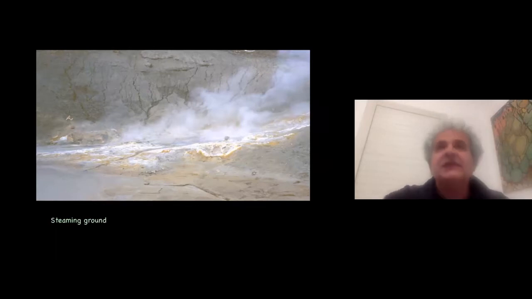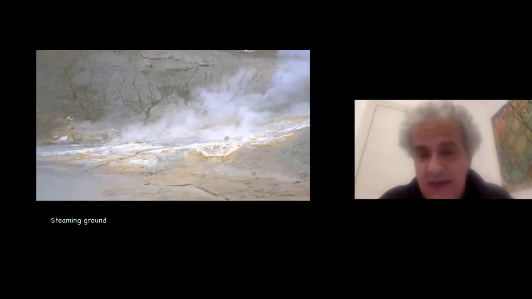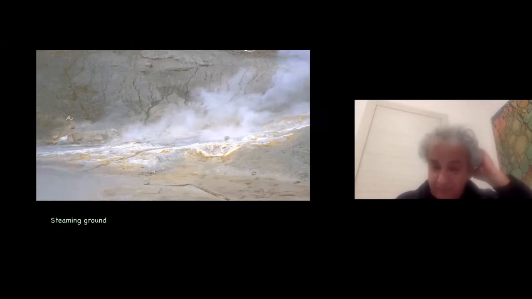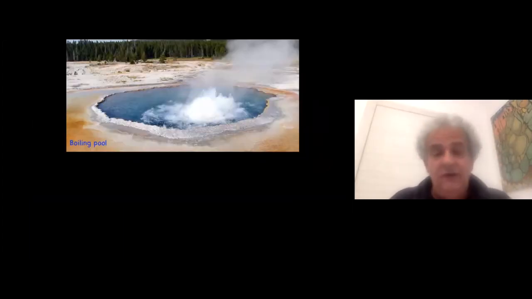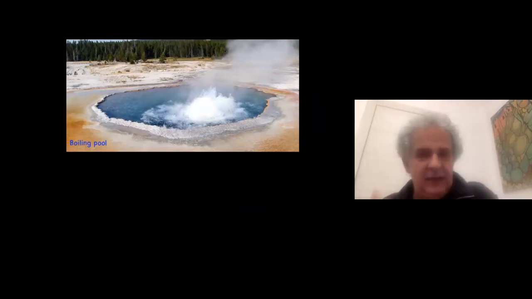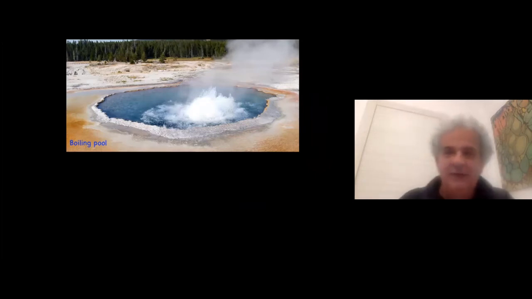Steaming ground is a surface usually at the temperature, as the name says, of steaming, 100 degrees, the temperature of boiling water, basically. Other than this, we have a boiling pool, as there are quite several beautiful examples in Italy, as in the Azores Islands, for example.